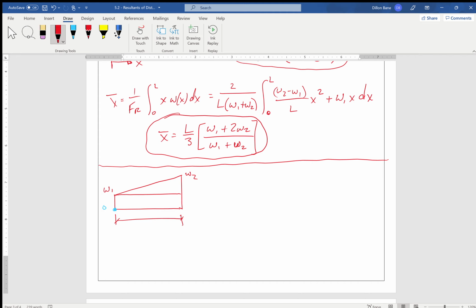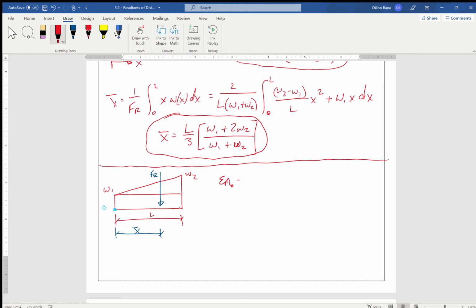And we can sum moments about that point O to figure out what we've got, right? So we know FR is going to act somewhere over here, and it's going to have an x bar dimension. And if we just sum moments about point O, this is what we get.